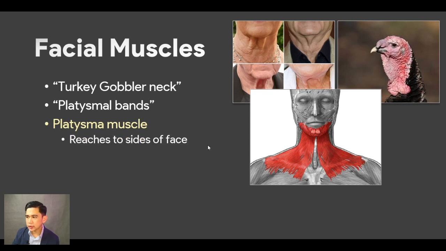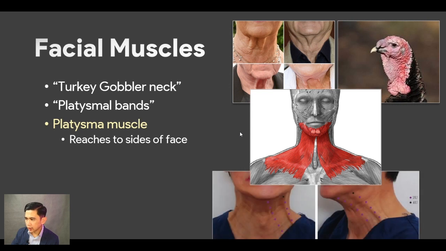The platysma has a left and a right side, and it reaches from the clavicles down to the sides of the face, over here. And these are the examples of the platysmal bands. So we just inject Botox on the very active platysma so that it will look better.